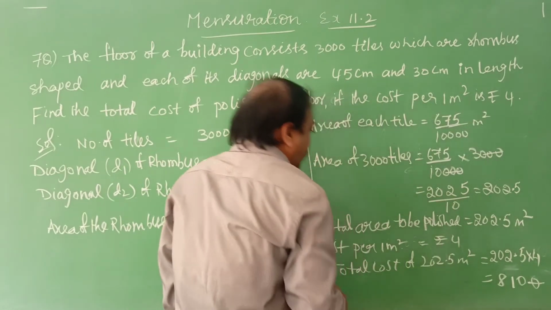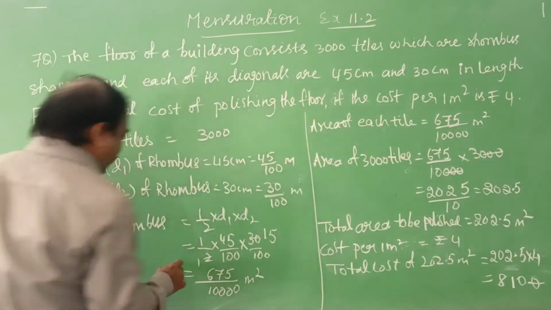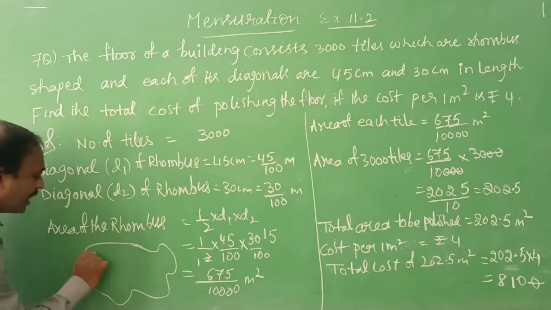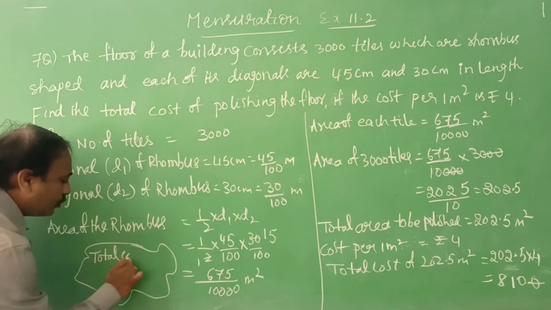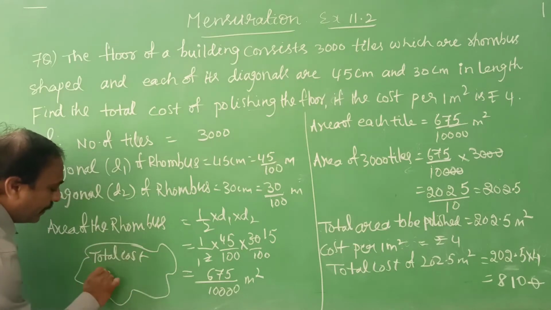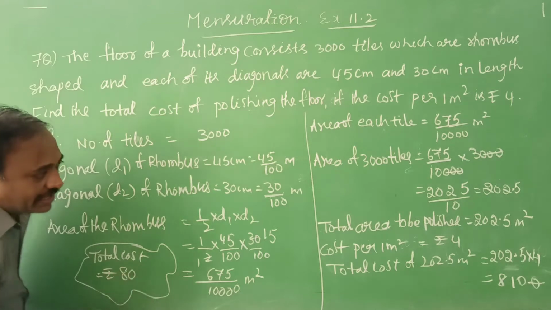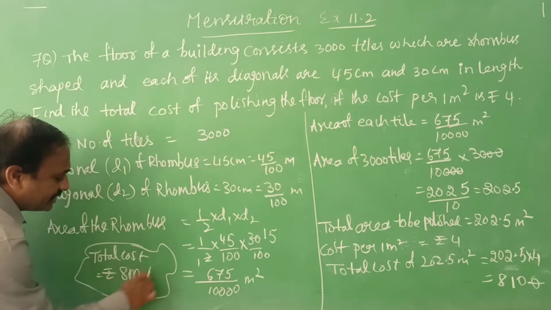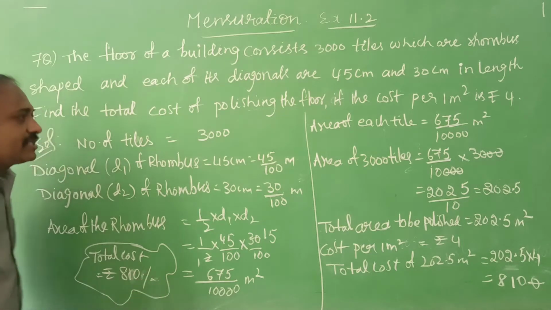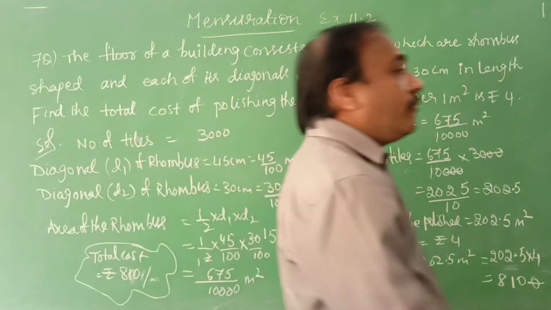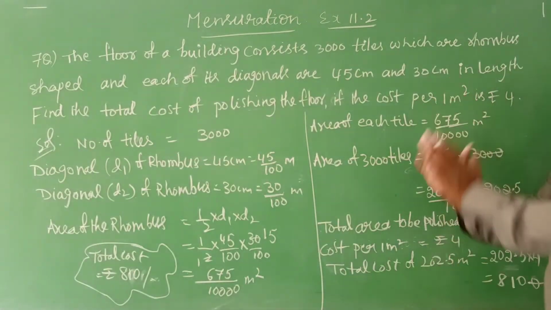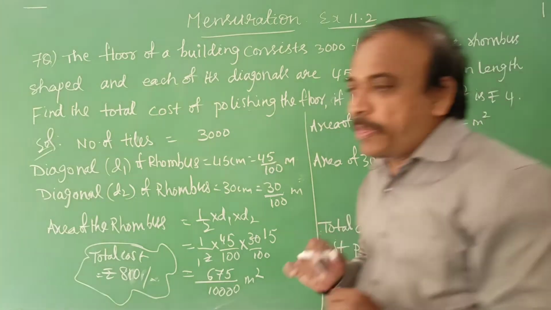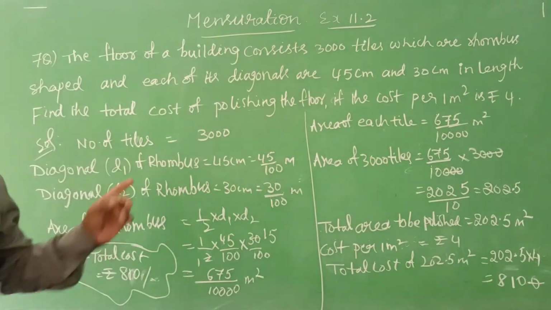Therefore the total cost is equal to rupees 810. This is the total cost of polishing the floor of 3000 tiles. Is it clear, students? I hope you understood.